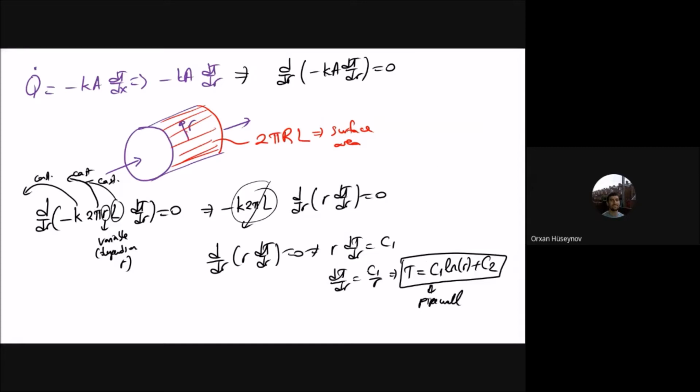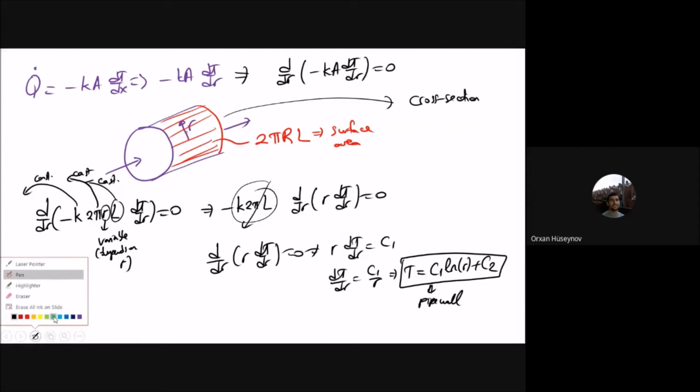This is conduction. Okay, we have only worked with the conduction equation. So for this pipe wall, if you look at the cross section of this pipe wall, for that cross section, you will have some thickness here. So this is the pipe, and this pipe will have some thickness, this amount. Okay, this is the thickness.